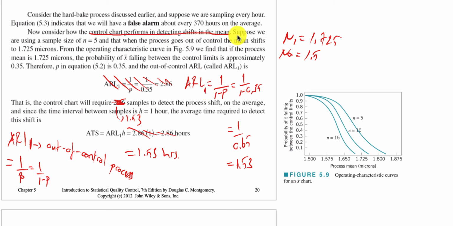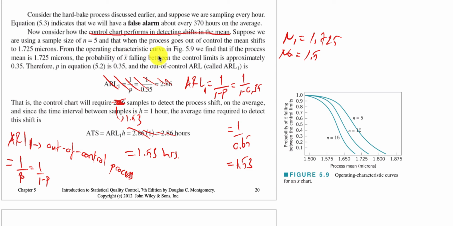So suppose we are using a sample size of n, it is 5, and that when the process goes out of control, the mean shifts to 1.725. It was 1.5 microns, right? So the shifted mean is 1.725 microns.